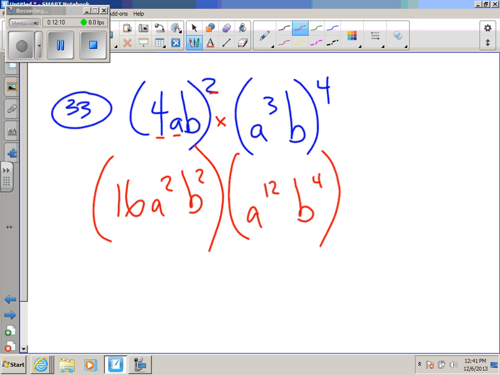So I'm just multiplying. When I just multiply the powers, how am I going to handle that? Adding them. 16 times, well, there's no integer except for 1. A to the 2nd plus a to the 12th. B to the 2nd plus b to the 4th. B to the 6th.